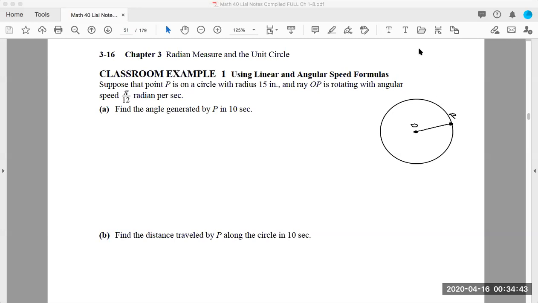Point P is moving. We'll say it's this way. With an angular speed, omega equals pi over 12 radians per second. And then we have a radius of 15 inches.